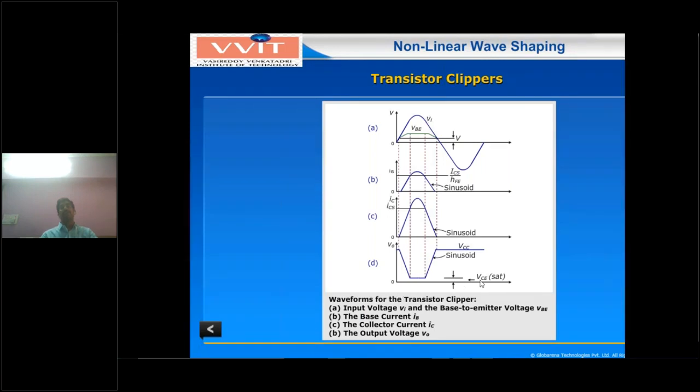Saturation means VC sat, a low voltage. Between V gamma and VBE sat, the transistor operates in the active region, so the output voltage will decrease. Whenever the transistor is off, the collector voltage is VCC. Whenever the input voltage is greater than the cut-in voltage, the transistor goes to the active region, so the collector terminal voltage will decrease, finally going to saturation.